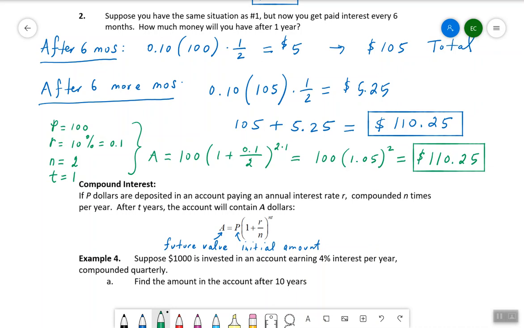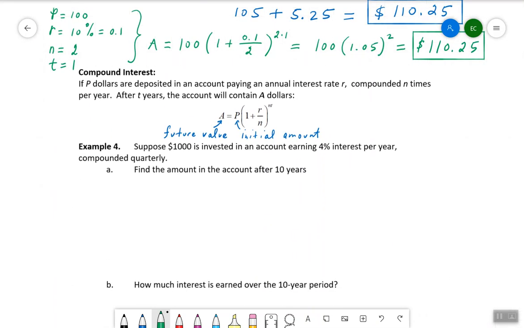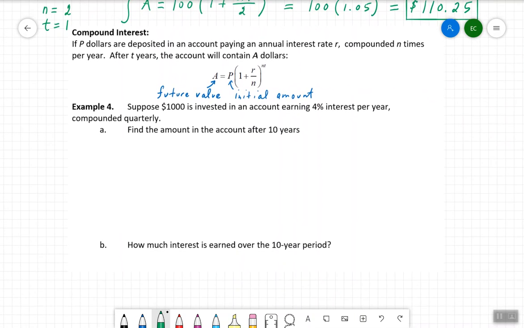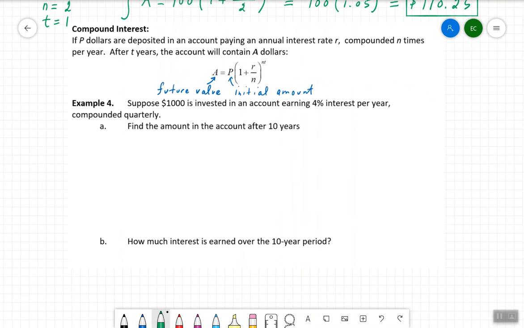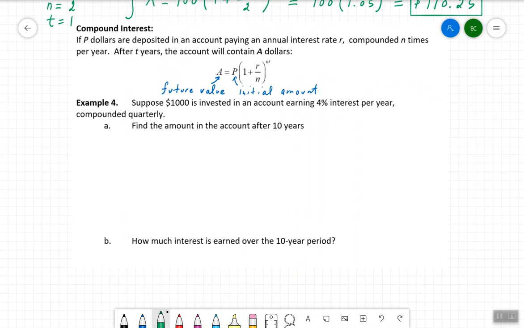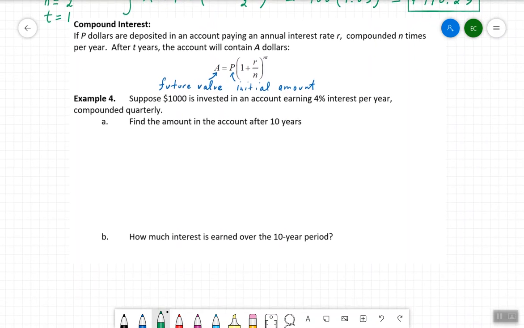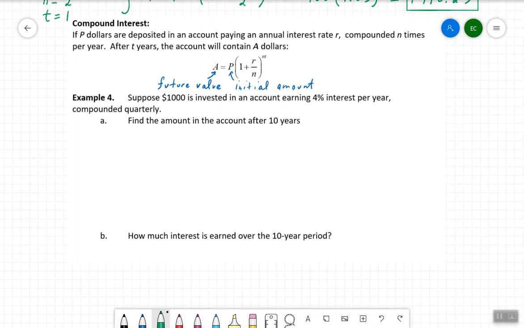Okay, so let's go on to example 4. We'll just change the numbers a little bit and see what we get. If we invest $1,000 earning 4% interest per year and it's compounded quarterly, then how much money will we have after 10 years?